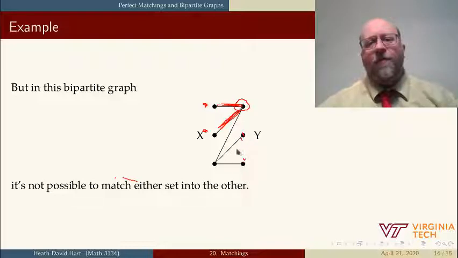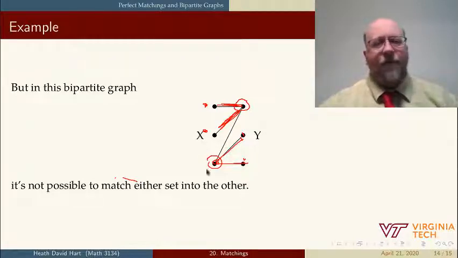And then both of these vertices in Y, they both have to match up to this vertex down here, and that's not allowed either. And so it's not possible to match the things from X into Y. It's not possible to match the vertices from Y into X either. Neither direction is possible. Okay? So just because the two partite sets have the same number of vertices does not guarantee that we can have a match for either set of the other.